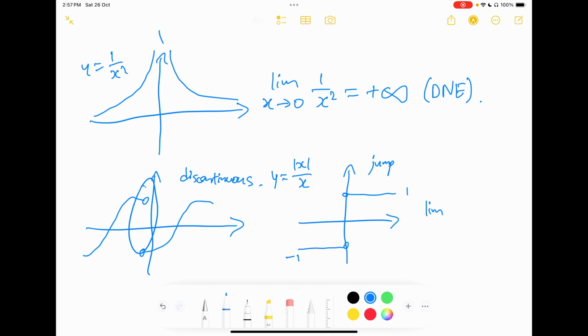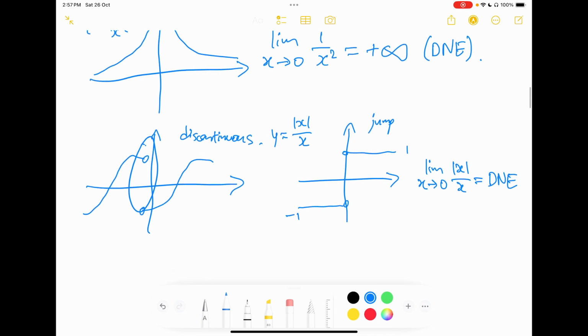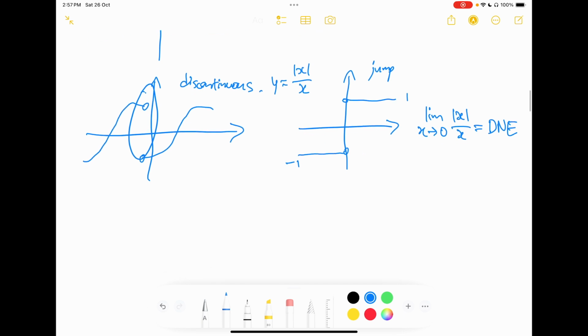So the limit as x approaches 0 of this function does not exist. And you can see because the left-handed limit and the right-handed limit don't equate to each other, right? So in the case of jump discontinuities, there is no limit at the discontinuity.